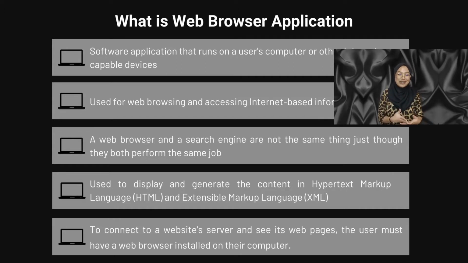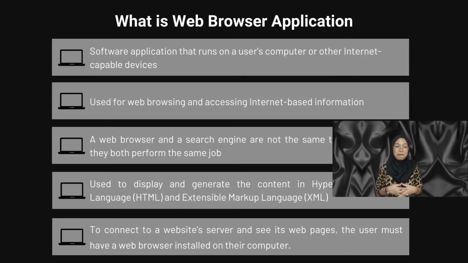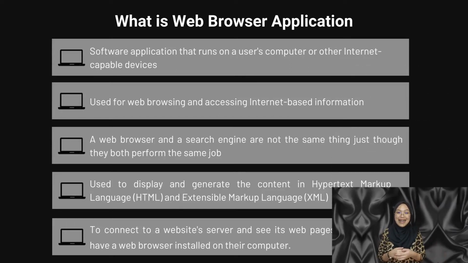Text, videos, and images are sent over the internet using hypertext transfer protocol, or HTTP, which regulates what is transmitted over the internet. In order for people to view the information, it must be shared and displayed in a consistent way.